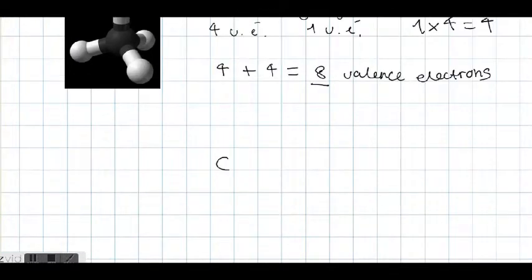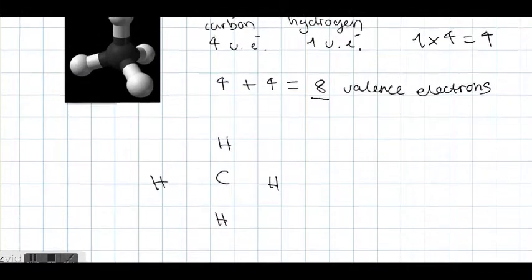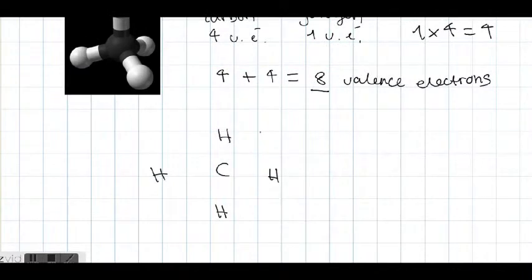So we write 4 H's around the carbon. 1, 2, 3, and 4. Now we're going to make bonds, and those bonds each represent 2 valence electrons that are being shared. 1, 2, 3, 4, and 2 valence electrons each, which makes 8.